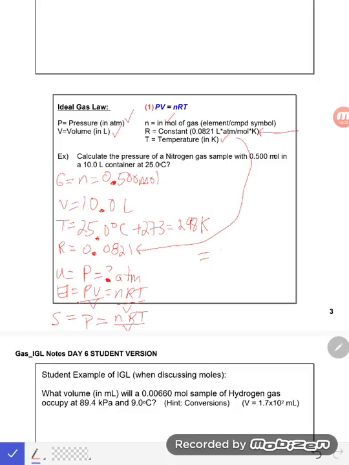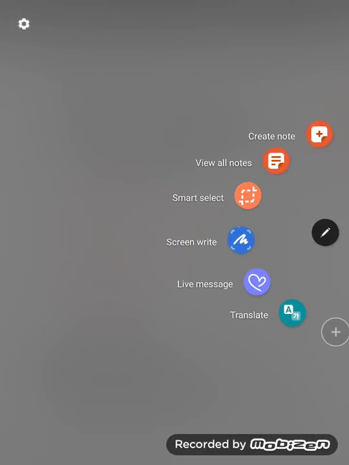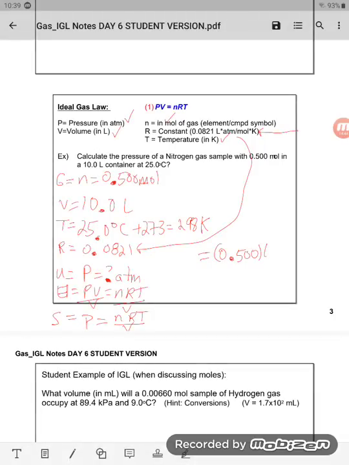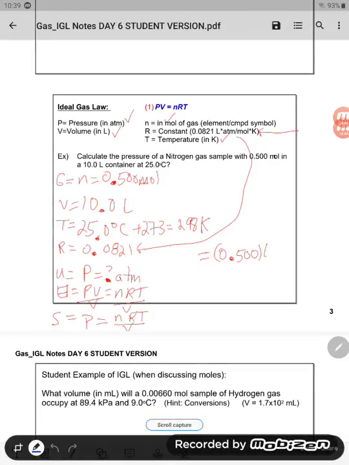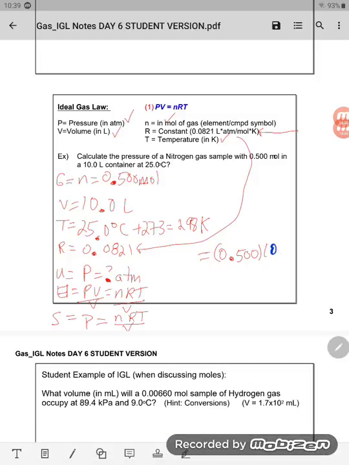We're going to plug in our number of moles here, so 0.500, and we're going to have that R constant in there as well, and the temperature, divided by that volume.